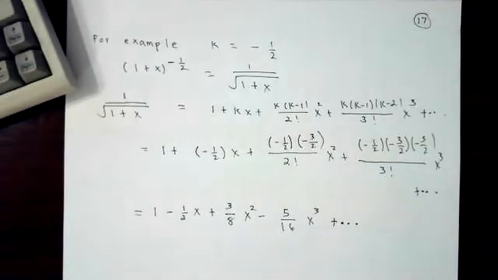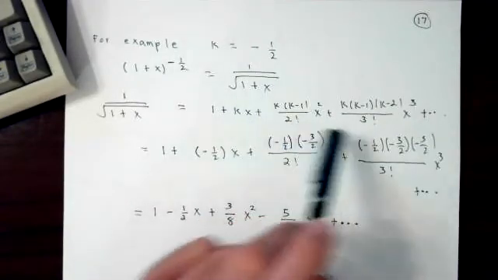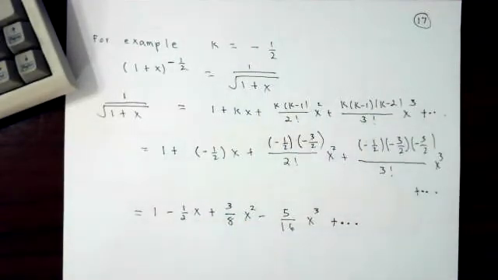For my example, I want to look at k equals -1/2. We're going to calculate 1 plus x raised to the -1/2 power, k is -1/2, that is, which is 1 over square root 1 plus x. I'm just going to write out a few terms here. Based on what we just said, all I have to do is stick k equals -1/2 into this formula every place where k appears.